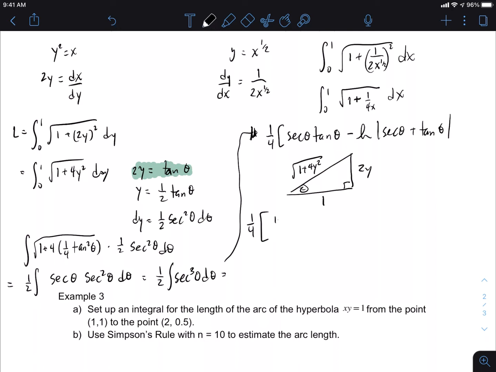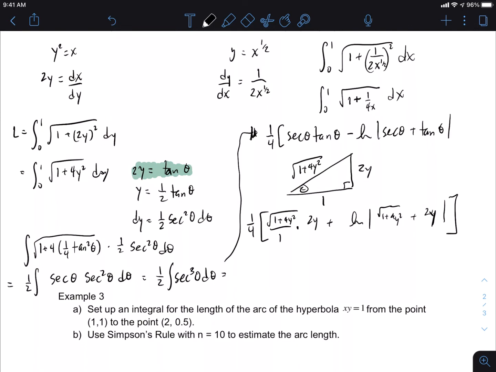So I'm going to get the square root of 1 plus 4y squared over 1 times tangent, which we know is 2y, plus the natural log of secant, which is the square root of 1 plus 4y squared, plus 2y, right? And now we're back in terms of our y's.